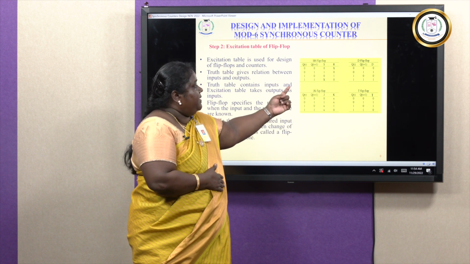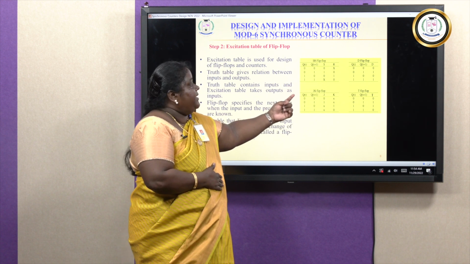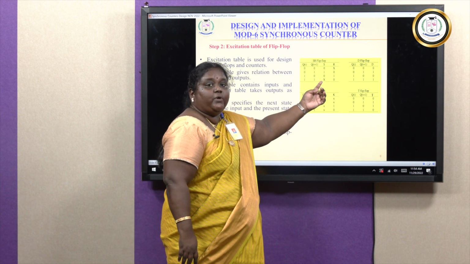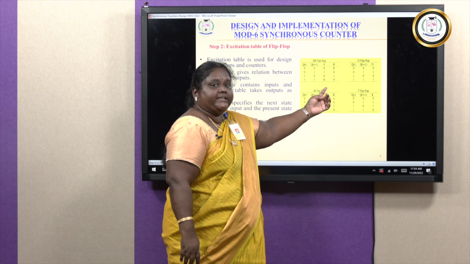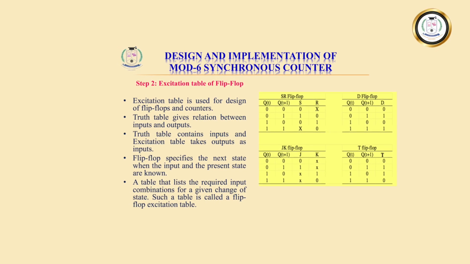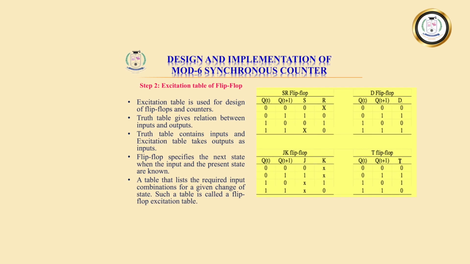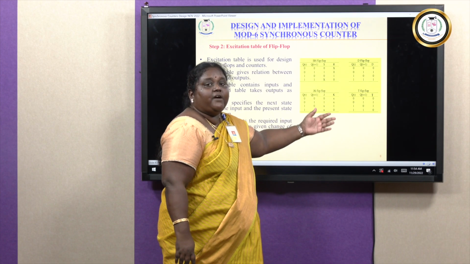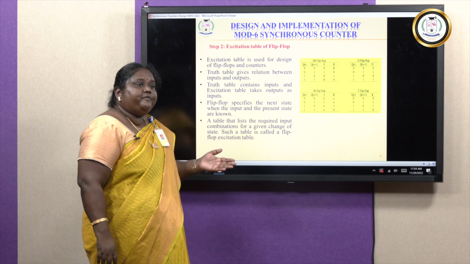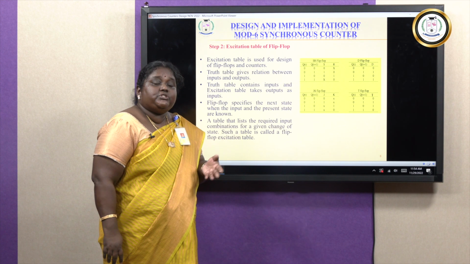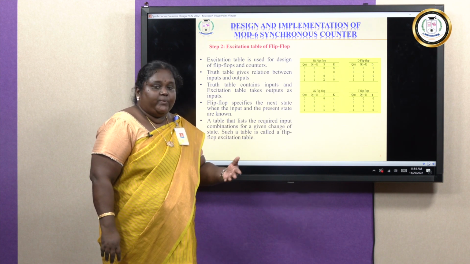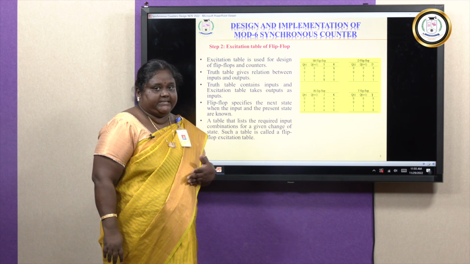For present state 0 and next state 0, the inputs are 0, don't care for SR. Similarly, for present state 0 and next state 1, it is 1, don't care. Similarly, we have the excitation table for all the flip-flops. With the help of this excitation table, we are going to create the circuit excitation table along with the state diagram in the next step.